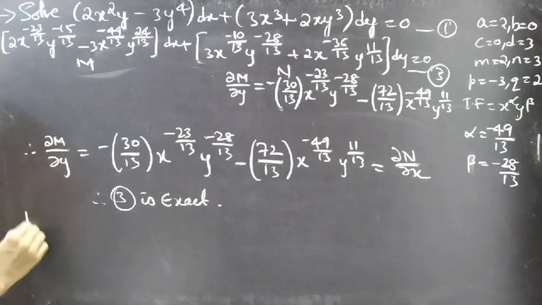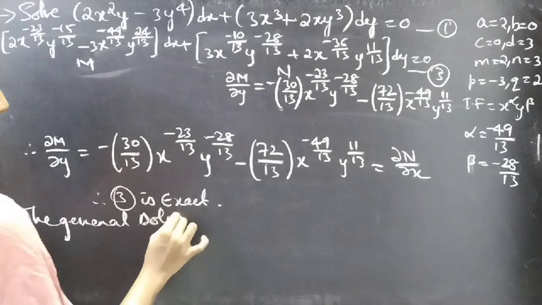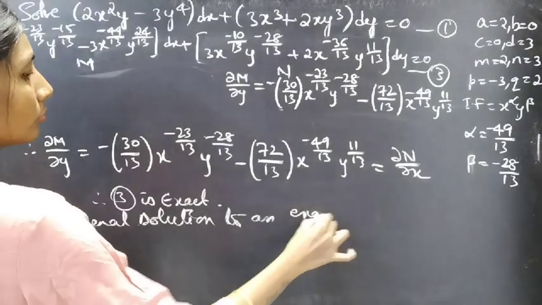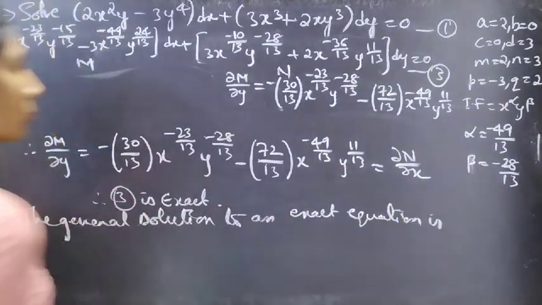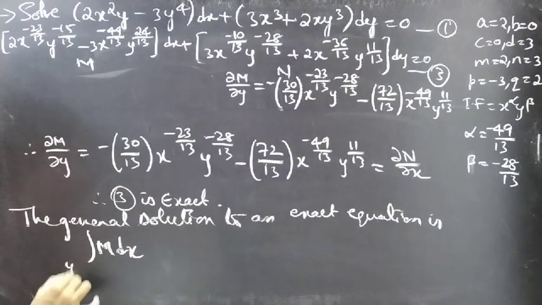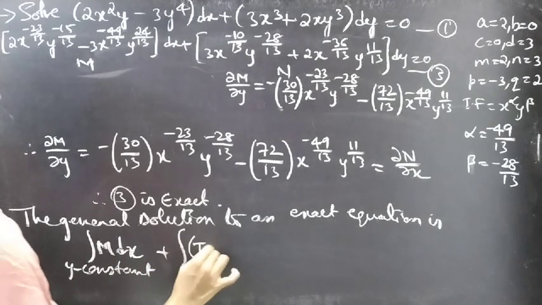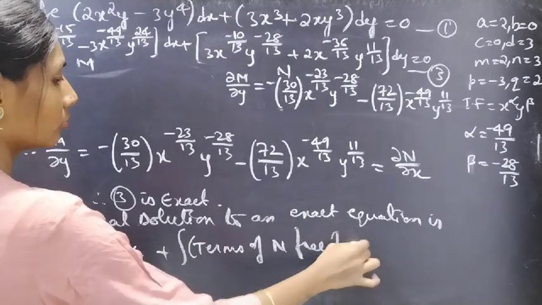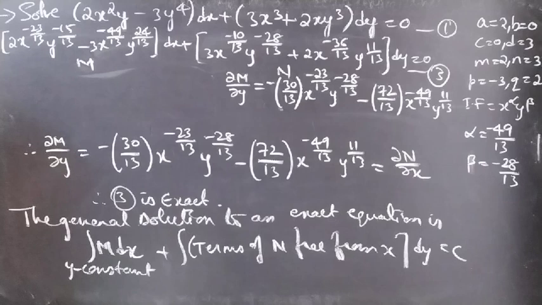We know that the general solution to an exact equation is given by integral m dx treating y as constant plus integral terms of n free from x into dy equal to c, right?